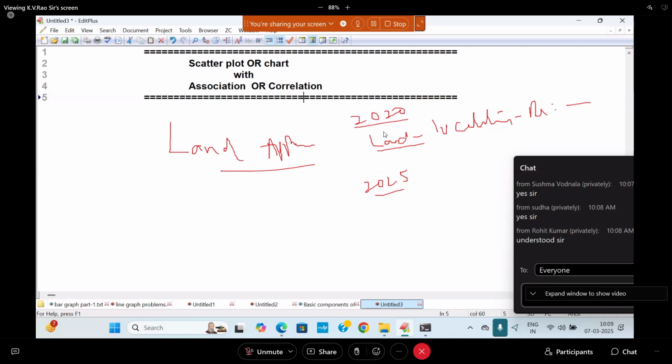In 2025, you decided to sell it, and the rupee value has increased. So between these two values there is a relation, right? What is the relation? Years are increasing, land value increases.